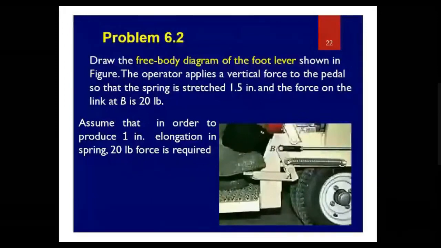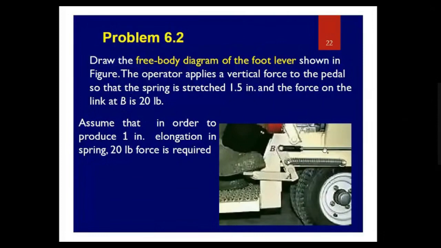So it's a link, it's not a hydraulic cylinder, it's a link. Assume that in order to produce 1 inch elongation in a spring, a 20-pound force is required. So if this spring is elongated 1.5 inches, the total force required to create 1.5 inch elongation is equal to 1.5 times 20.